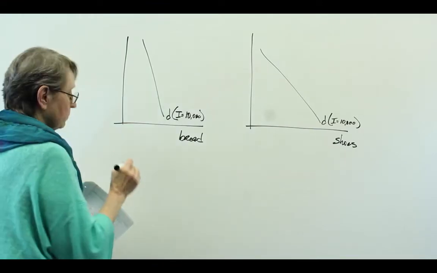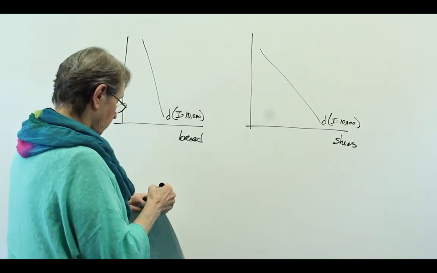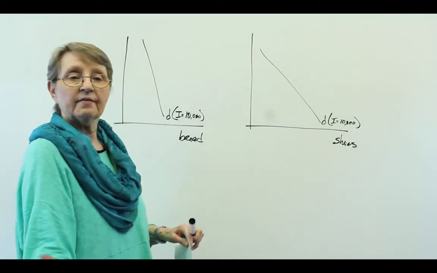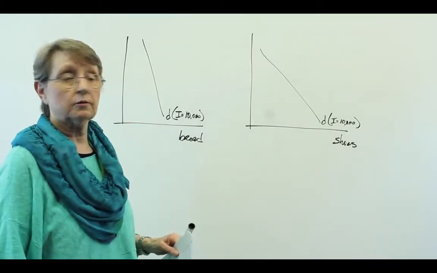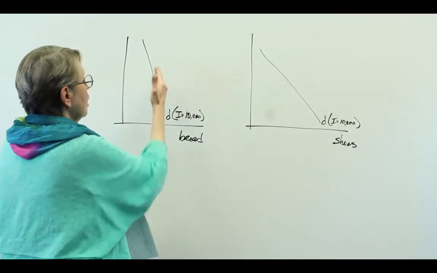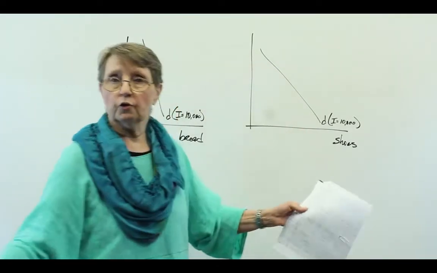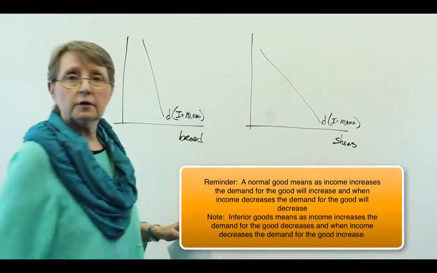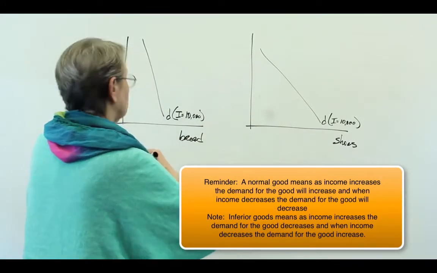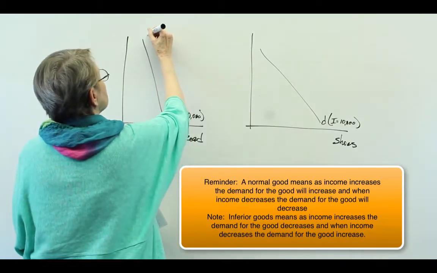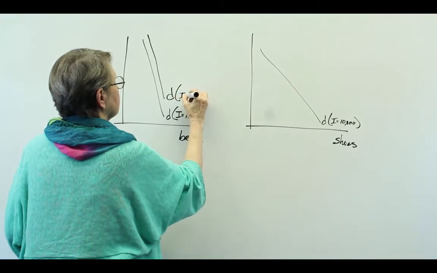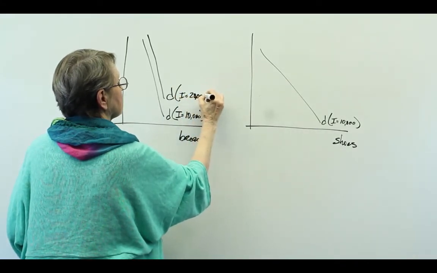Now, if income goes up, let's say income increases from $10,000 to $20,000, average income in the area increases. What we know is, since bread and shoes are normal goods, that both of these demand curves are going to increase. And so I'm just going to draw an increase in the demand for shoes. I'm going to put demand, income equals 20,000.